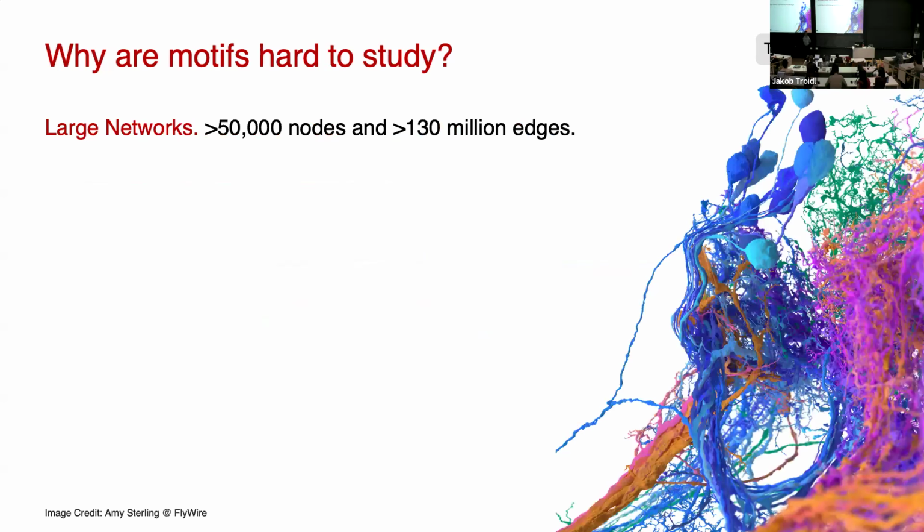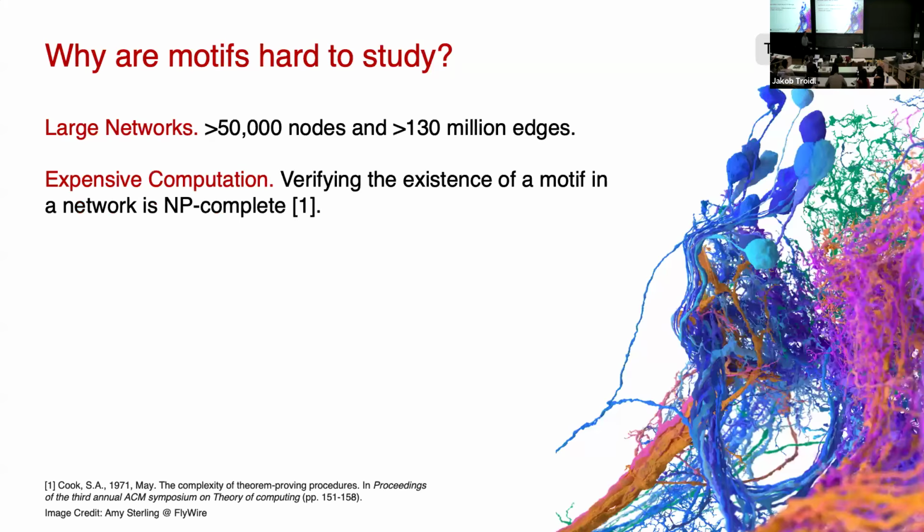Okay, so they're very interesting. We know that to a lot of people, and nonetheless, they're very hard to study. A reason for that is that the connectome data sets are really large. They can have tens of thousands of nodes. They are very dense with over 130 million edges. And performing these subgraph isomorphism searches in those connectomes is an expensive computation to perform.